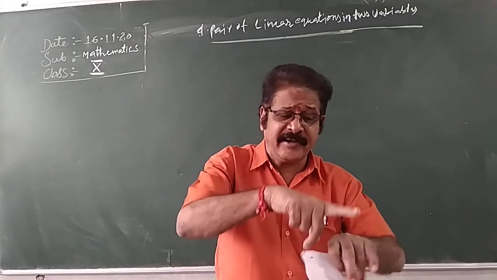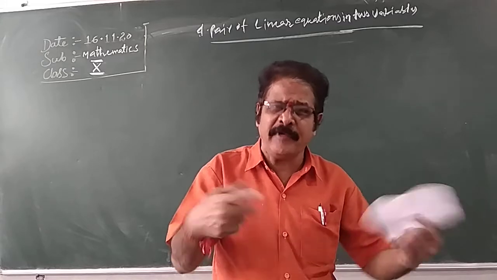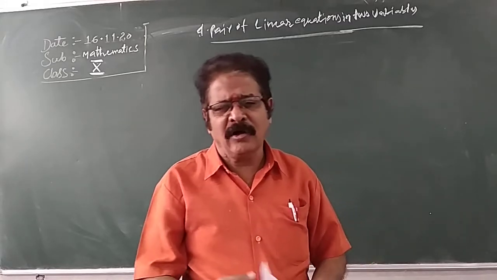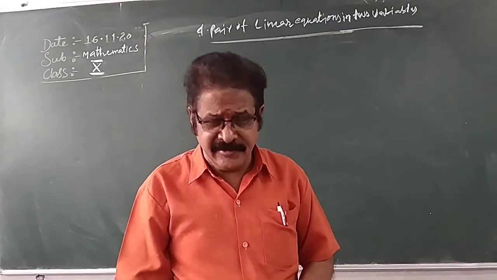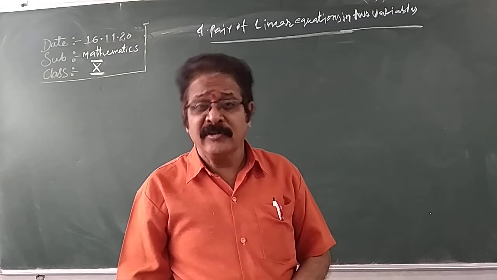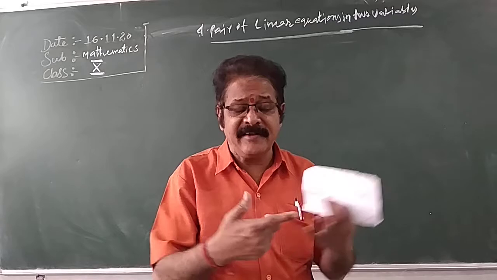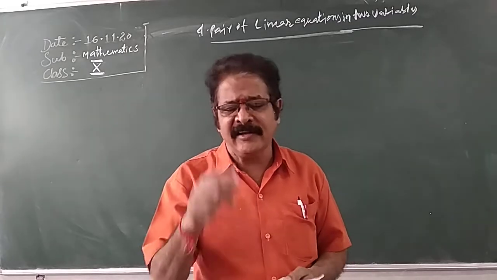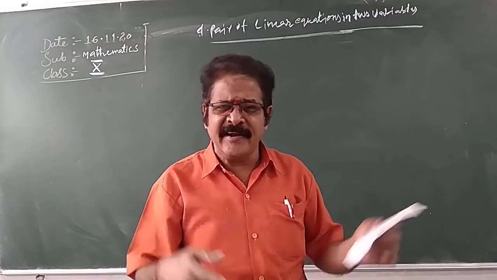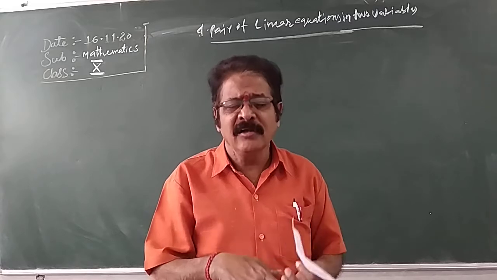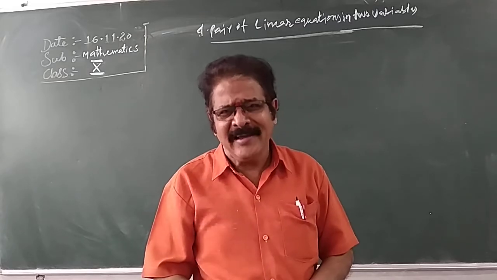And when they coincide, one over the other, they have many solutions, so they are also called dependent equations. Only parallel lines are inconsistent, because parallel lines will not have any solution. Intersecting lines and coincident lines have solutions, that is why they are said to be consistent.